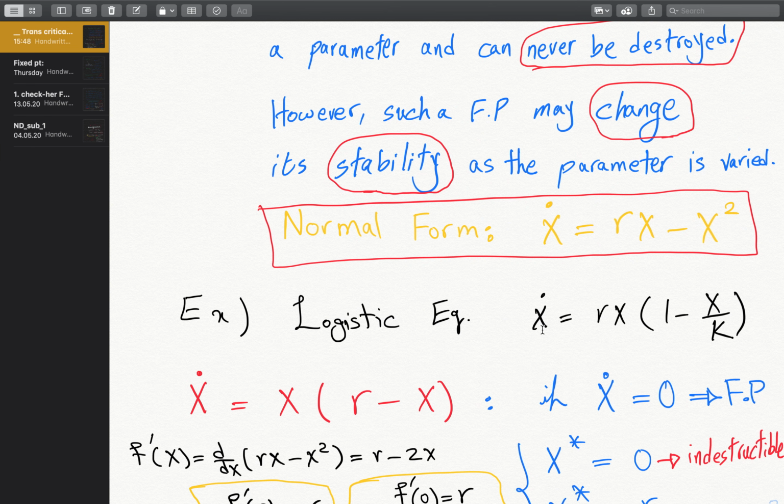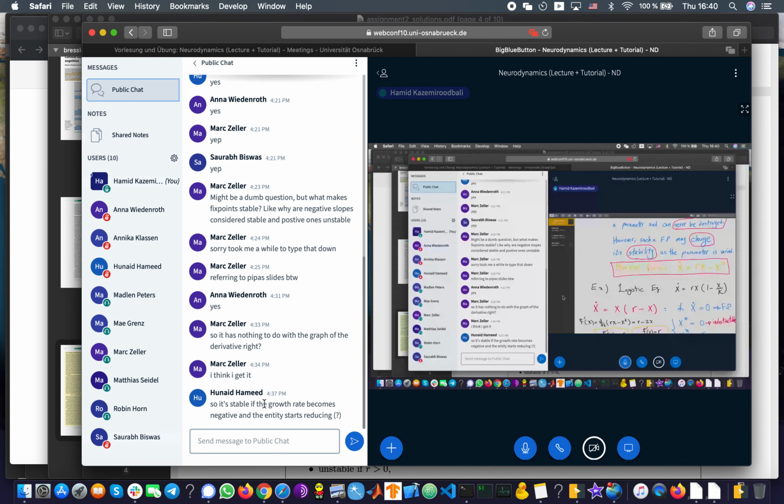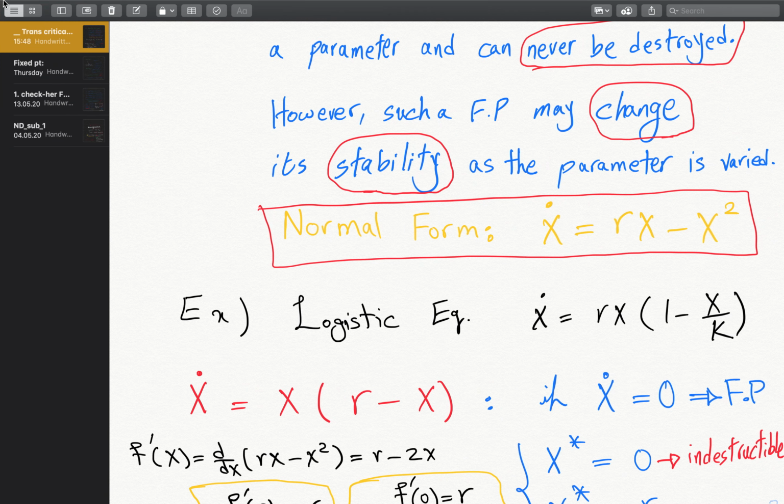But in that one, I'm not sure you can call it growth rate. You call it a control parameter. So if the growth rate becomes negative, it depends on your equation.